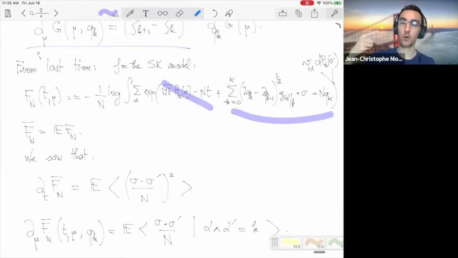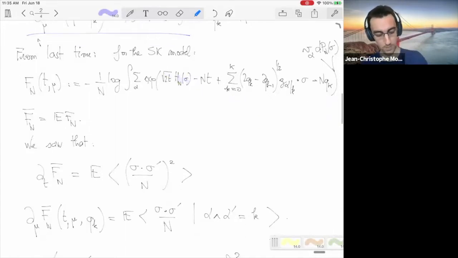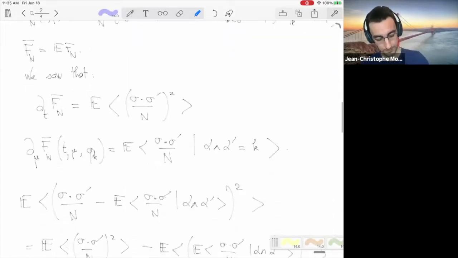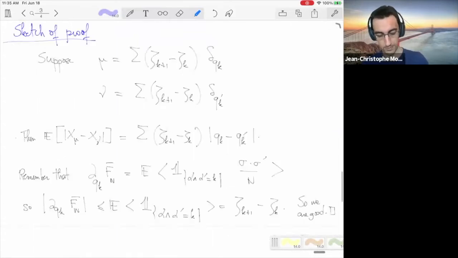Okay, so in fact, we can still justify that when we set t equals 0, this object does not depend on n. Let me write this down.